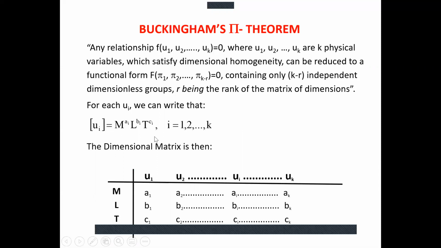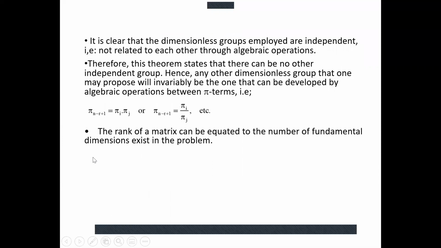The dimension matrix will be formed by using each parameter's dimensions. And it's clear that the dimensionless groups employed are independent, not related to each other through algebraic operations. They should be independent from each other.